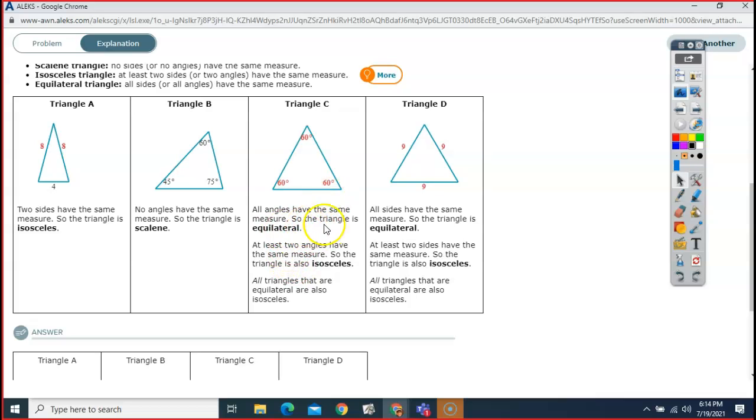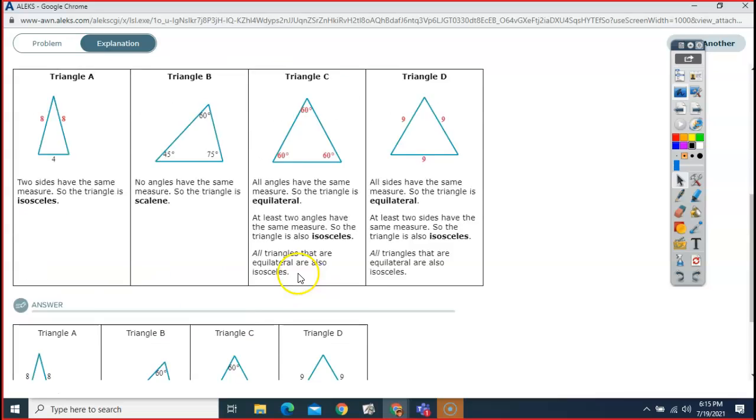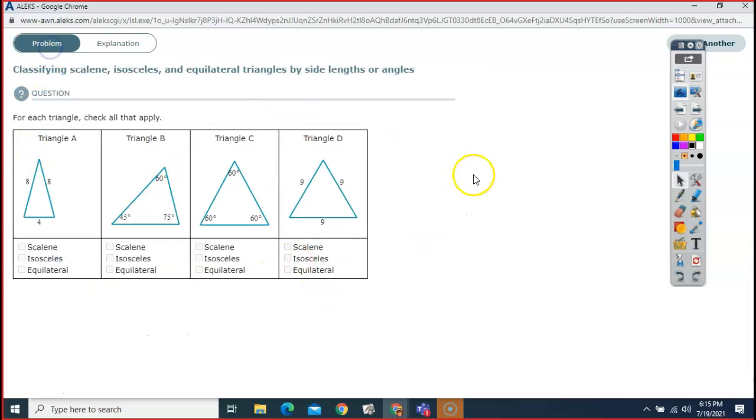It says the triangle is equilateral. At least 2 angles have the same measure, so the triangle is also isosceles. This is the same thing here. This is only isosceles. Okay, so let's go to a different problem. Show me another one.